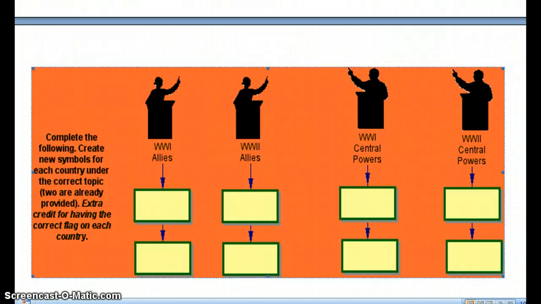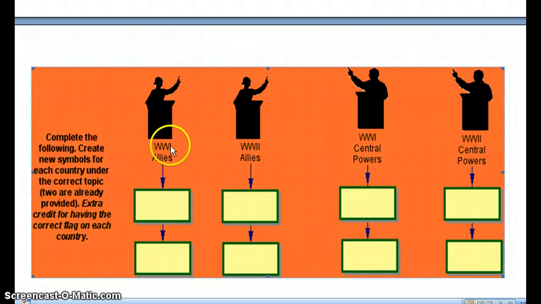And here's an excellent example of using Inspiration as a means of checking the level of a student's understanding, in which I provide a setup of information but leave blanks. I expect the student to fill in the blanks with the information called for.